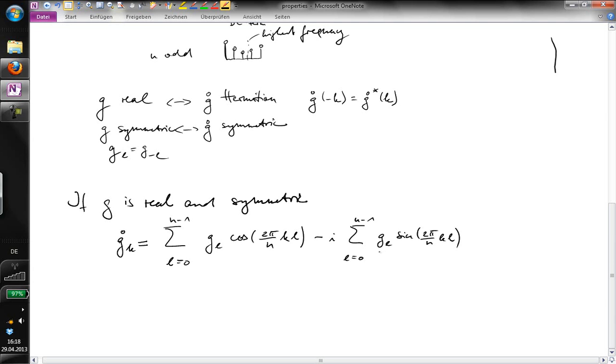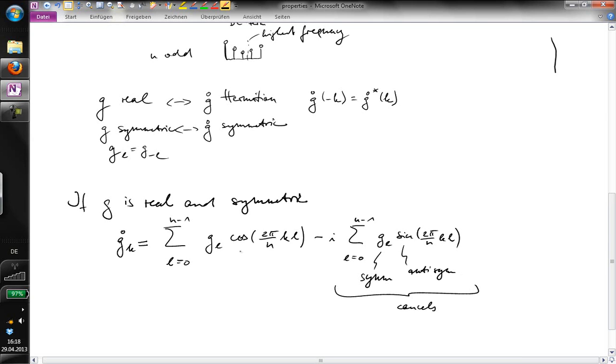And if G is symmetric around the origin, so this thing is symmetric and this thing is anti-symmetric, then the entire expression cancels.